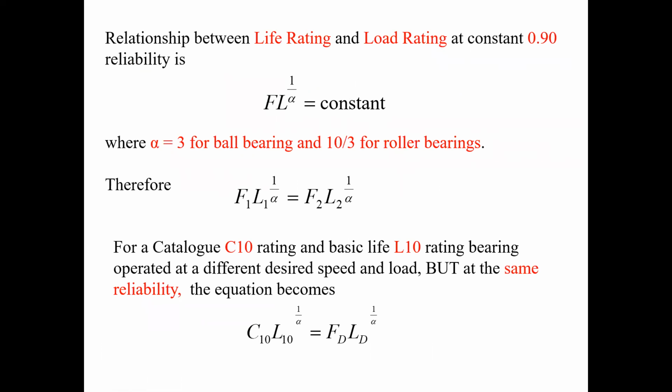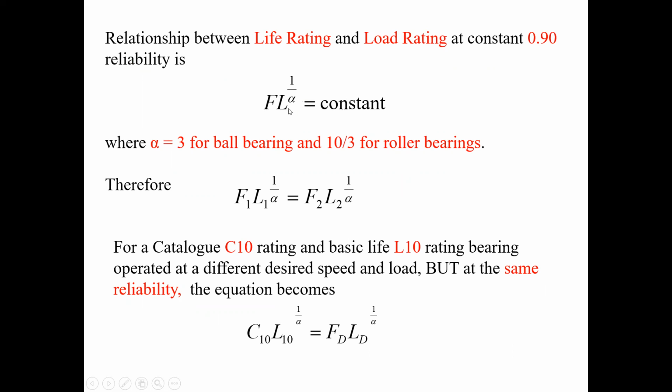So their formula is like that. They put F times L to the power of 1 over alpha equal to a constant. This always applies 0.9 reliability, or they set 90% reliability. One is life rating, another one is load rating.